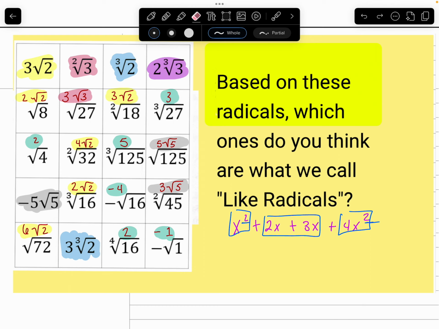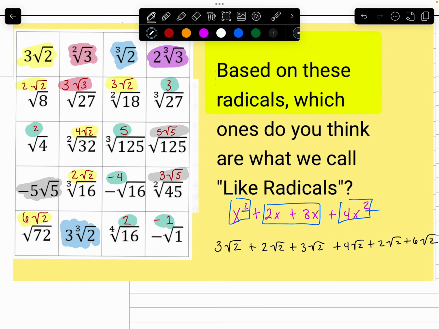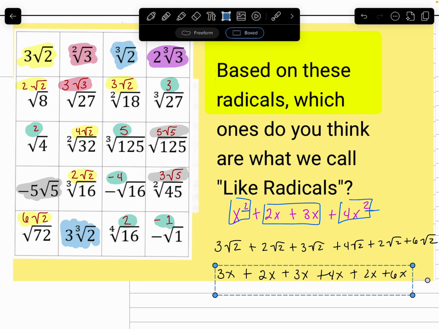So if you look at the yellows, we have 3 square root of 2 plus 2 square root of 2 plus 3 square root of 2 plus 4 square root of 2 plus 2 square root of 2 plus 6 square root of 2. So pretend this is like 3x plus 2x plus 3x plus 4x plus 2x plus 6x. It acts the same way.